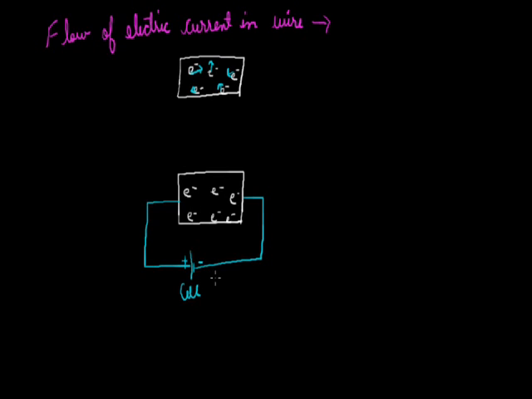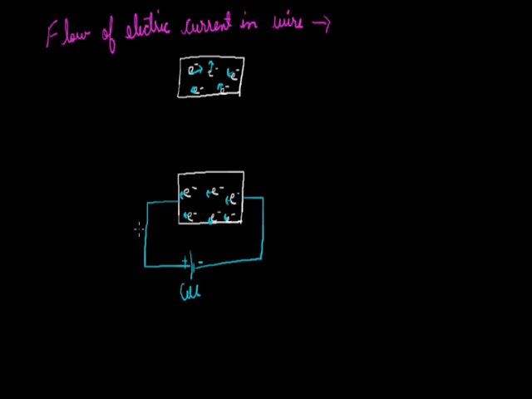So due to the negative end of the cell, these electrons will be repelled towards the positive end. So their motion is restricted from negative to positive in that piece of wire.